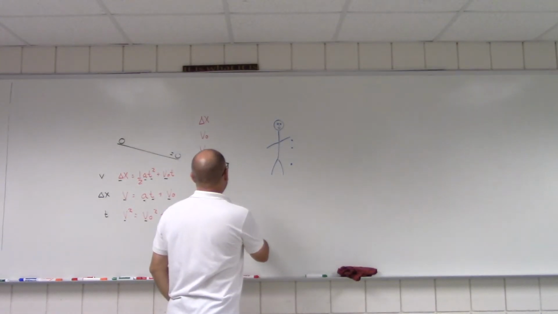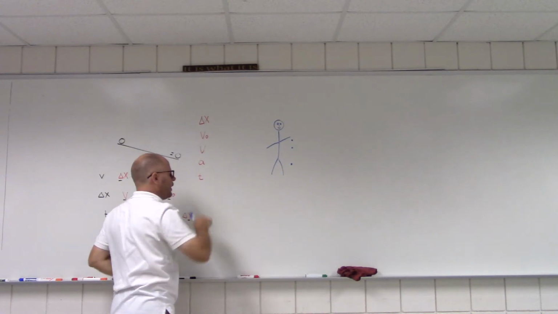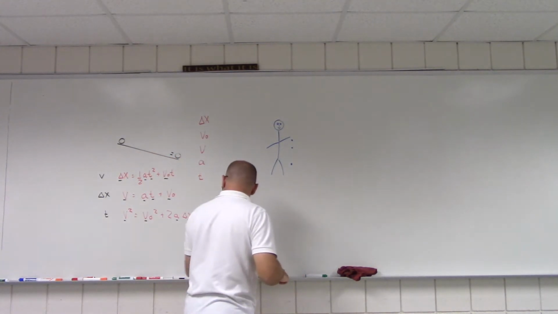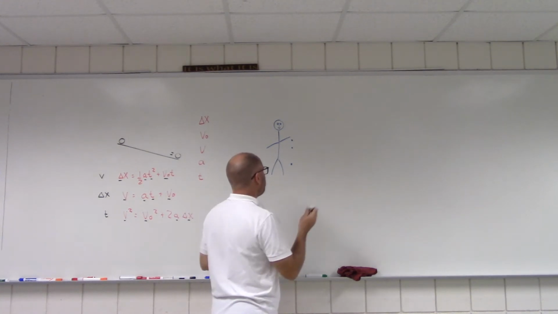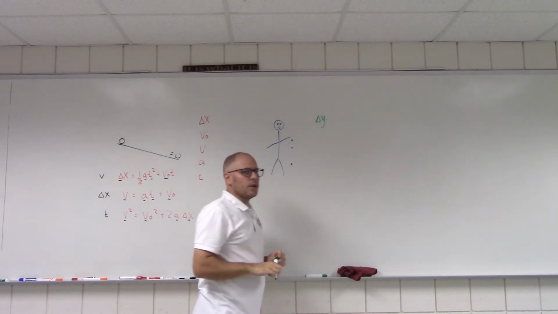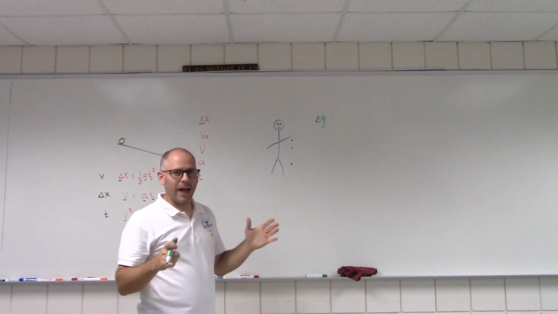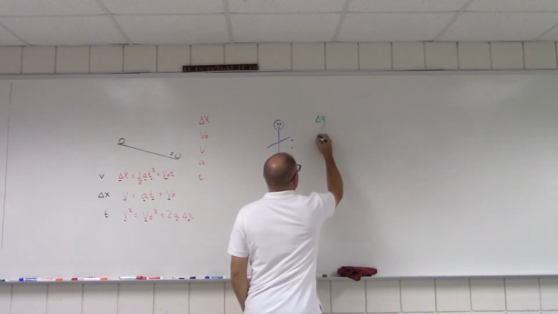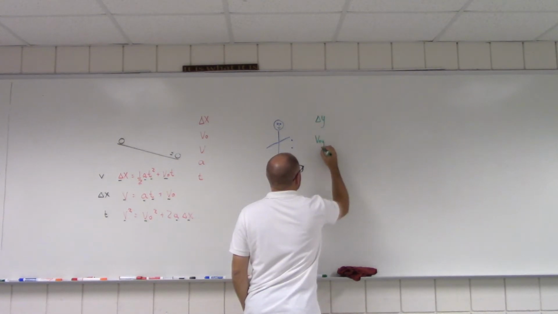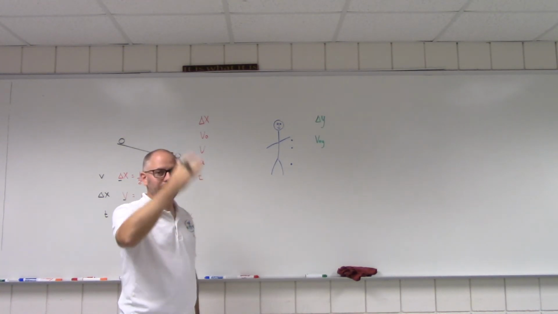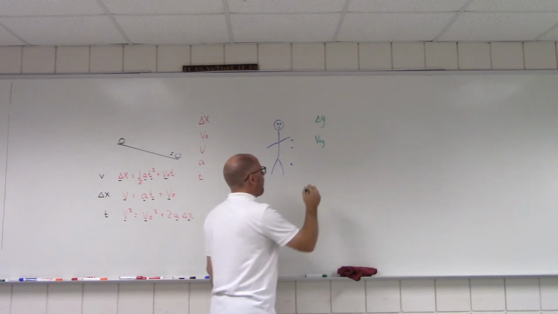So I'm going to rewrite these in terms of what we do for free fall. Now our displacement, instead of delta x, is delta y because it's falling in the vertical direction. We call it v0y because it's the initial velocity in the up and down direction.